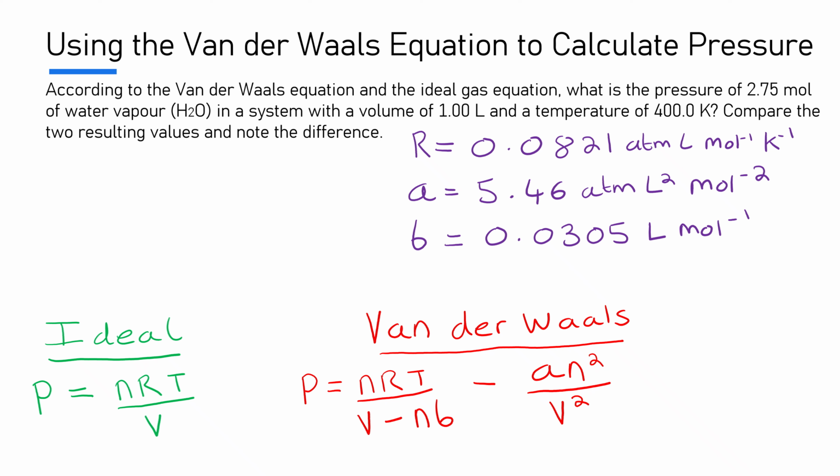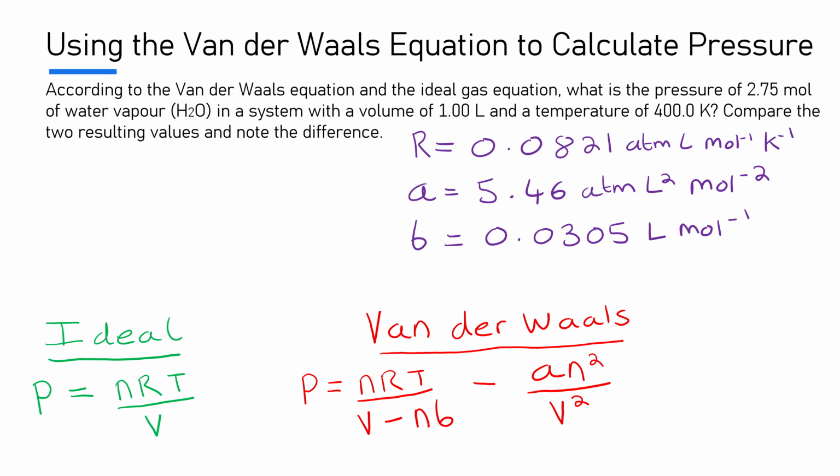The variable that is usually involved in this comparison is pressure and, spoiler alert, typically the result for pressure from the van der Waals equation is usually lower than the calculated value for pressure from the ideal gas equation. But let's go through this question and see if that is indeed the case.